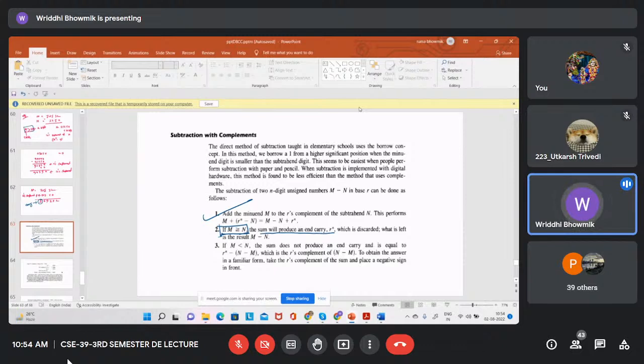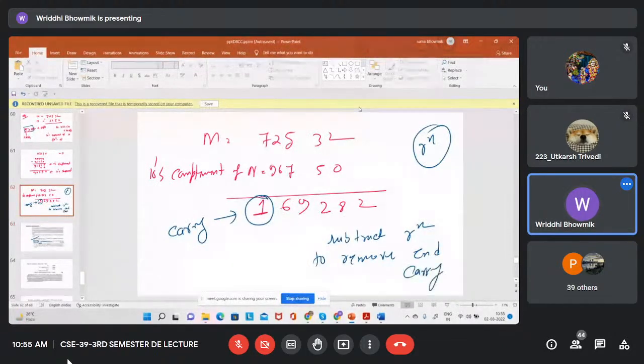Then you have to discard r to the power n, and what is left is M minus N.